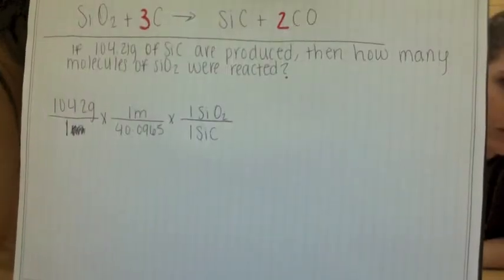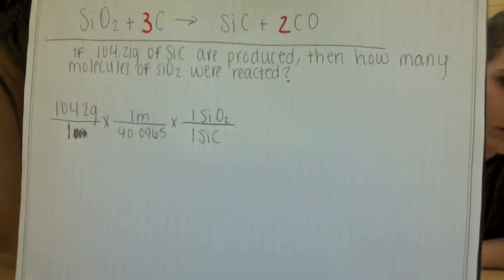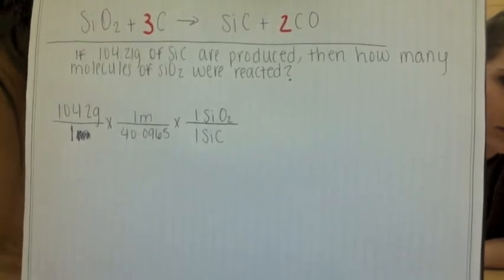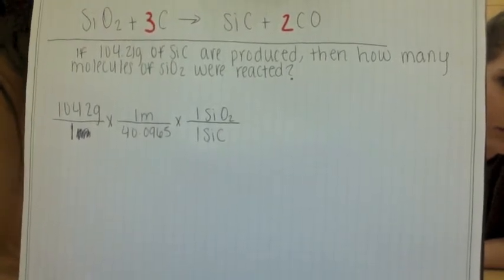After you find the molar mass, you will then need to find a mole-to-mole ratio. You are going to put the unknown, which is the SiO2, on top, and the known of SiC on the bottom. Both of their ratios will be 1 because in the equation they balanced out with only 1 mole, and that's how your equation should look.